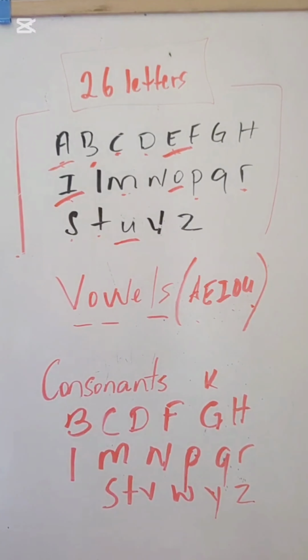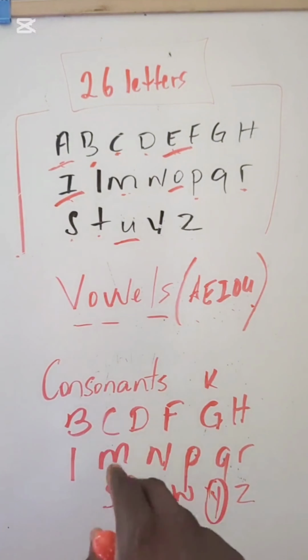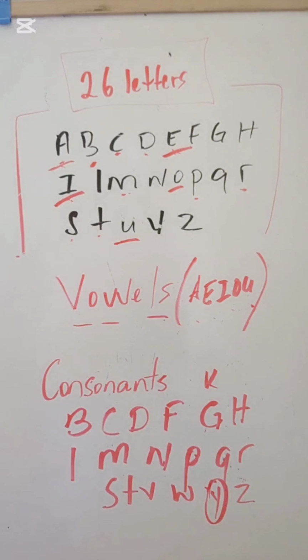Now there's a specific letter within the consonant group that is mischievous, the letter Y. So even though the letter Y is a consonant, it doesn't only act as a consonant.